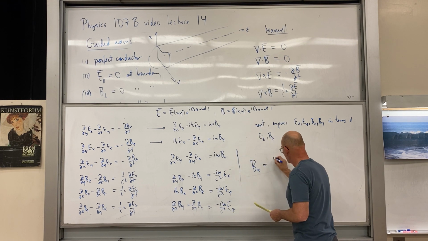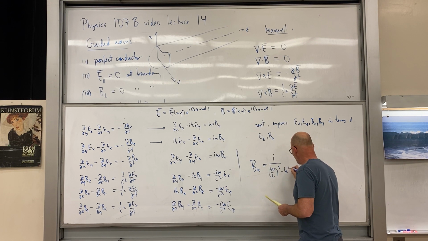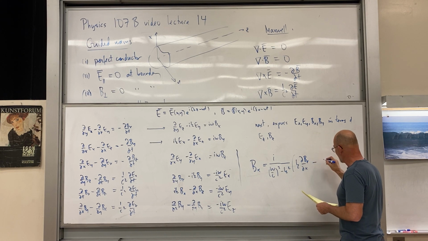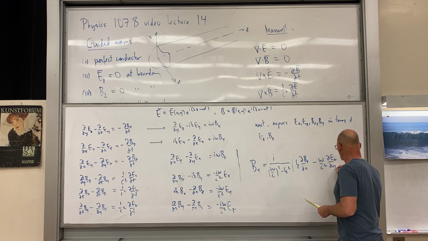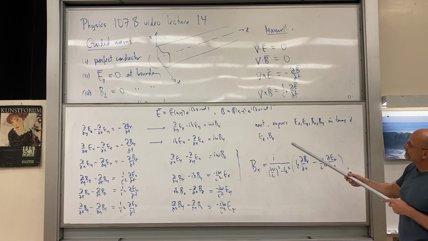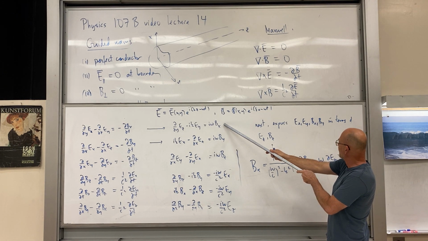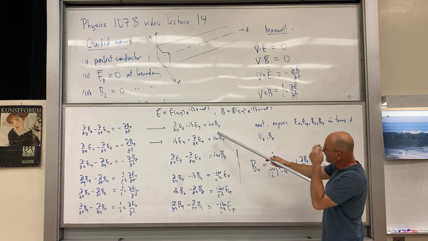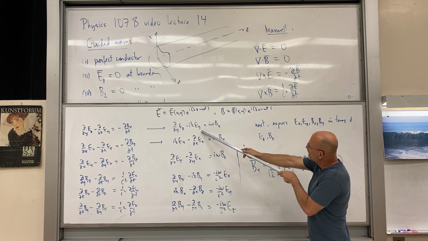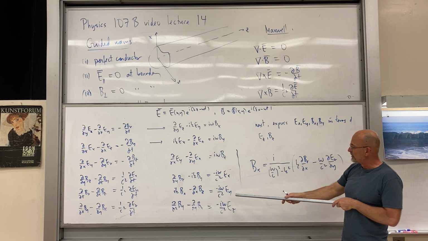B sub x: i omega over c, the quantity squared, minus k squared, times k dBz/dx minus omega over c squared dEz/dy. So where does that algebra come from? We've got i omega Bx here, and d/dy Ez right there. What we're substituting in is the Ey from down here.